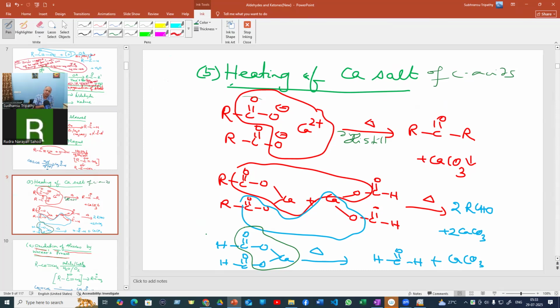But all the previous methods, all the 4 methods of preparation of aldehydes and ketones, we had studied, but here we are discussing a little more: if you have a secondary alcohol with a conjugated double bond, then you can use Jones reagent without affecting the conjugated double bond. But if you have unconjugated, Jones reagent will rupture it, break it down. So in that case, you have to take PCC.